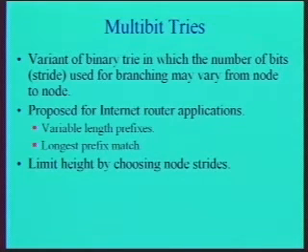Okay. So to get around that problem, you have to go to higher order tries so that you cut the height down. Now, when you go to higher order tries, and let's say you say, well, instead of 1 bit, I'm going to maybe branch on 16 bits.